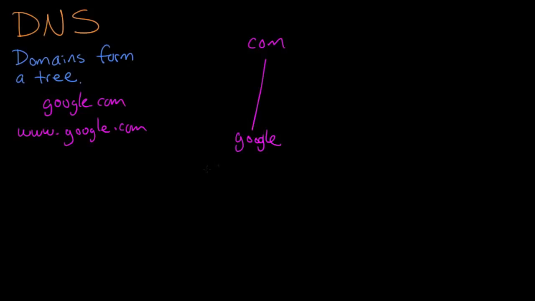And the www part just goes right down here below Google. And we'll do some more, like www.yahoo.com. So Yahoo goes right down below com, and then www down below that.